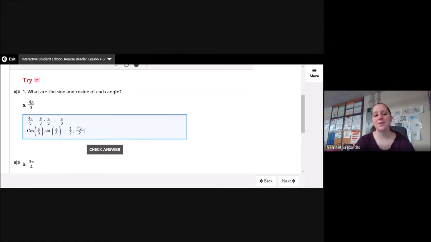But I need to figure out what the signs are, whether they're positive or negative. So 4 pi over 3 is going to be in my third quadrant. So that means both of my answers are going to be negative. So cosine of 4 pi over 3 equals negative 1/2. And sine of 4 pi over 3 equals negative square root of 3 over 2.